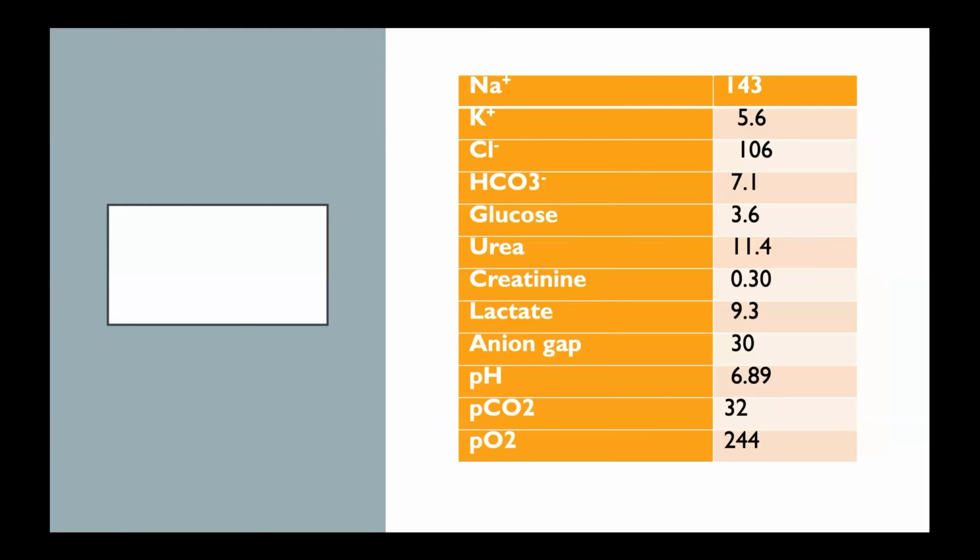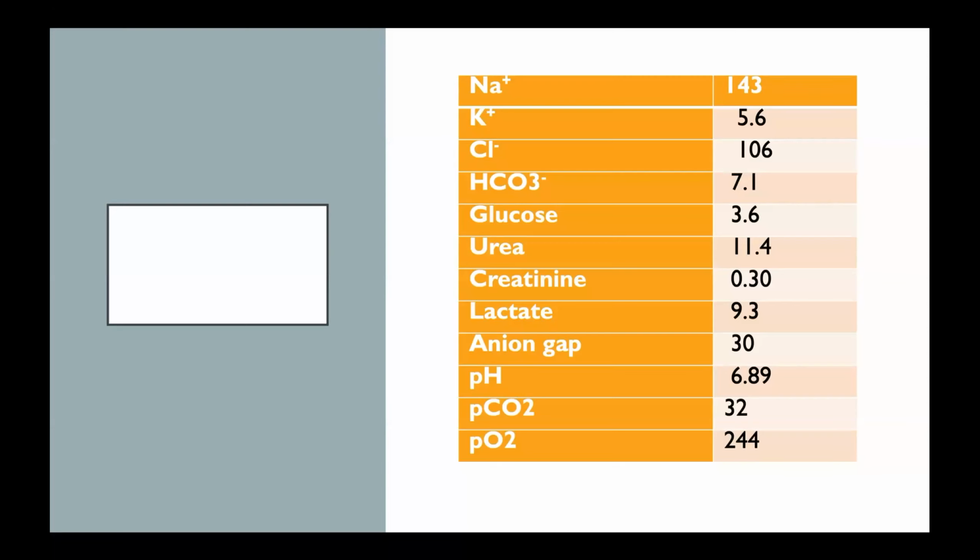Of course, it is increased. Normal anion gap is 12. Carbon dioxide is 32, gone down. So don't worry about it, because the patient is probably on FiO2. So calculate the anion gap.